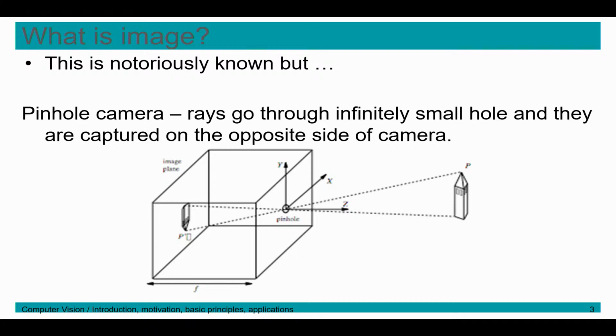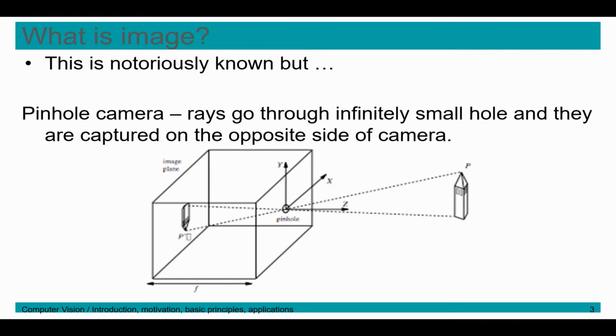Basically, if we look at vision with the basic device which we have, which is a camera, a perspective camera is basically just a pinhole. You have some photosensitive surface at the end, and you have light coming from the scene, going through that pinhole and hitting the photosensitive side somewhere.